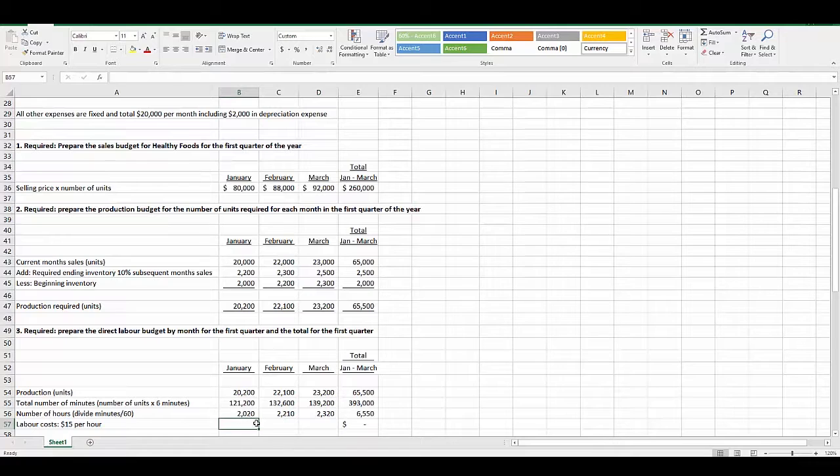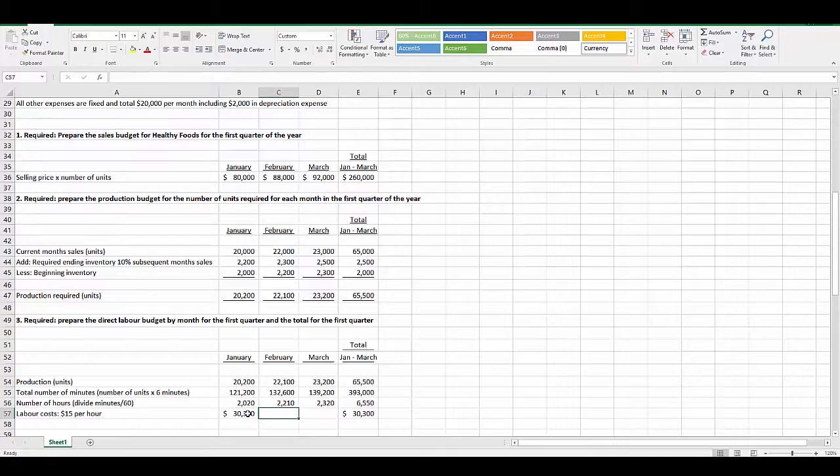It's now simply a matter of multiplying the hours by $15 per hour to get the total labor cost. So this will be equal to the number of hours times $15, and for February it's going to be equal to 2,210 times $15 per hour, and finally for March it's going to be equal to your 2,320 times your $15.